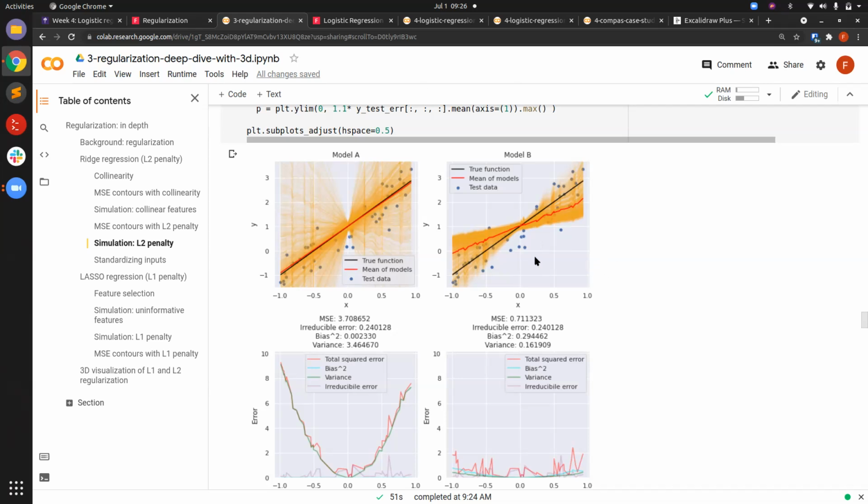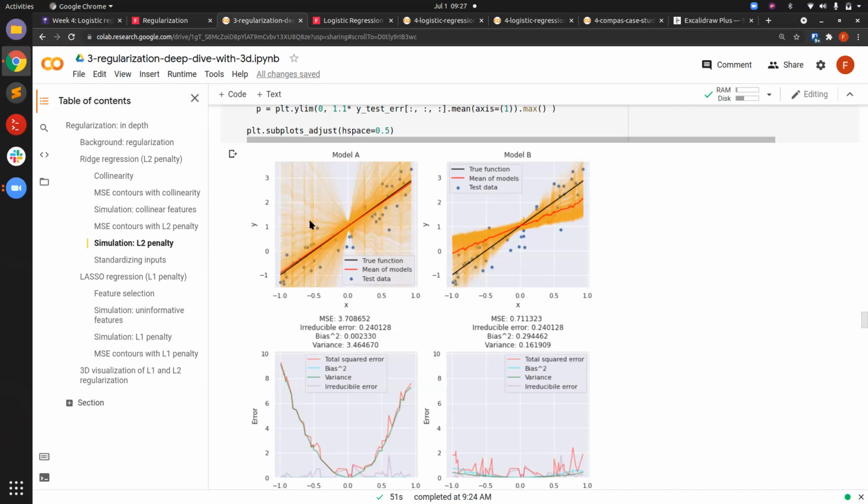And as a result, we can see much less variance. You can see these orange lines, which represent the individual models, are not as widely distributed around the mean. And also looking here, you can see the variance is much less. So the overall error of model A is actually much greater, even though it doesn't have this systematic error.